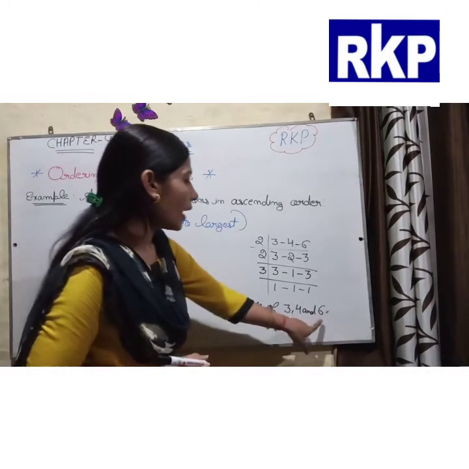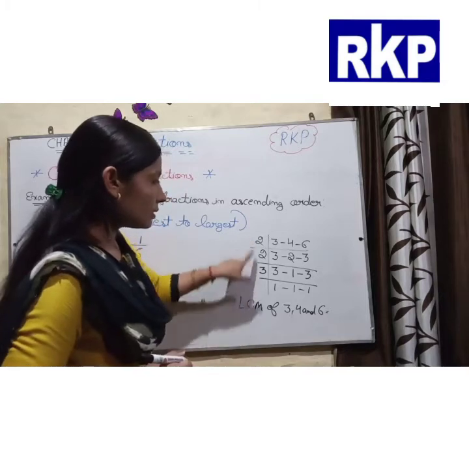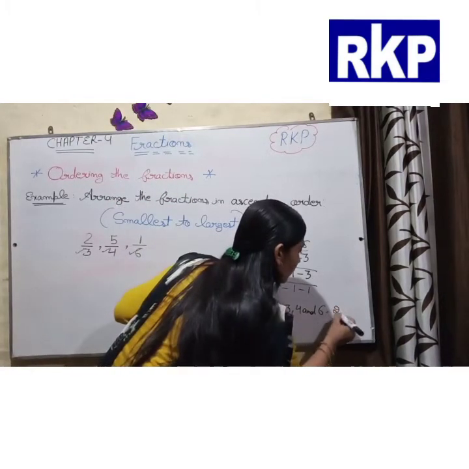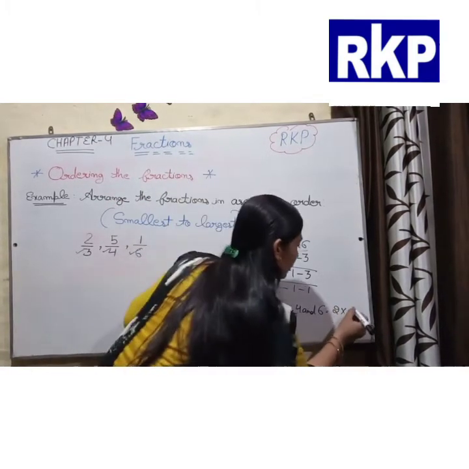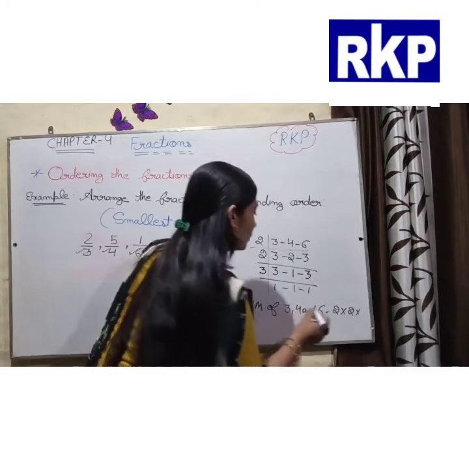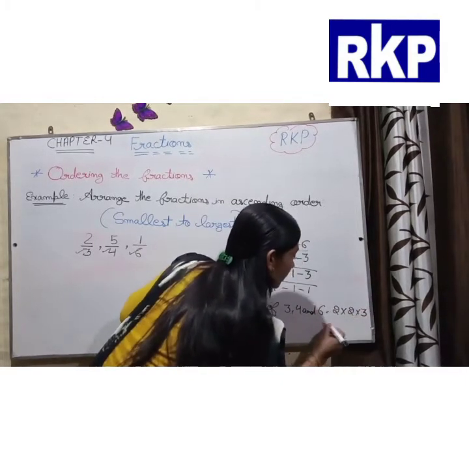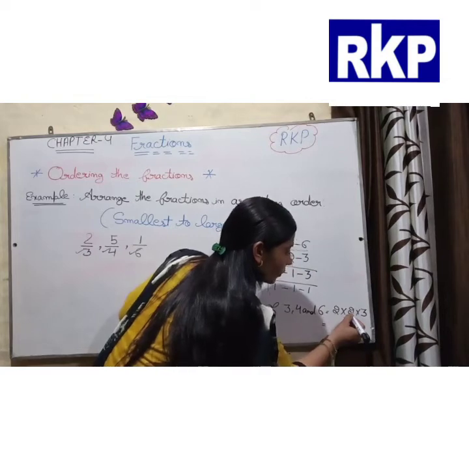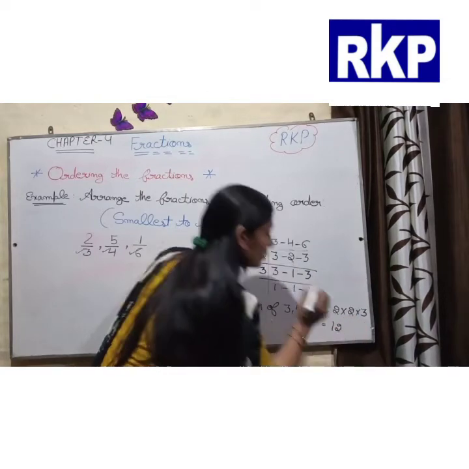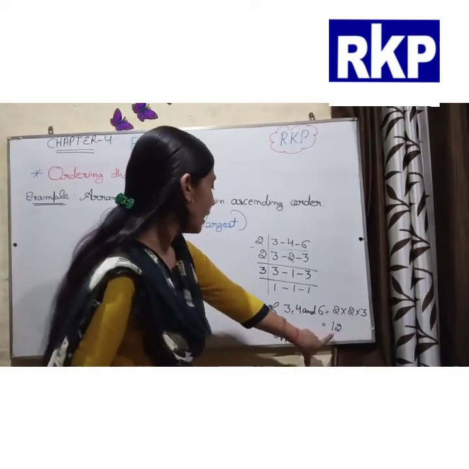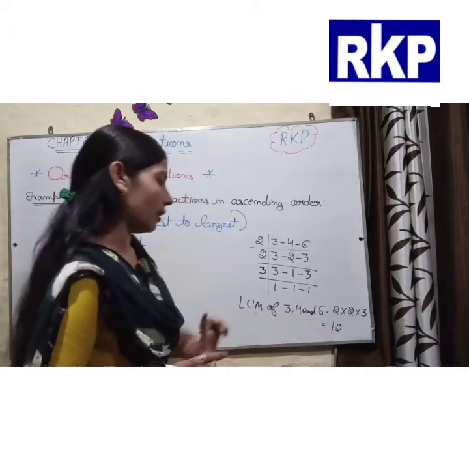Now we have to multiply these numbers. 2 into 2 into 3. 2 twos are 4, 4 threes are 12. So here LCM is 12.